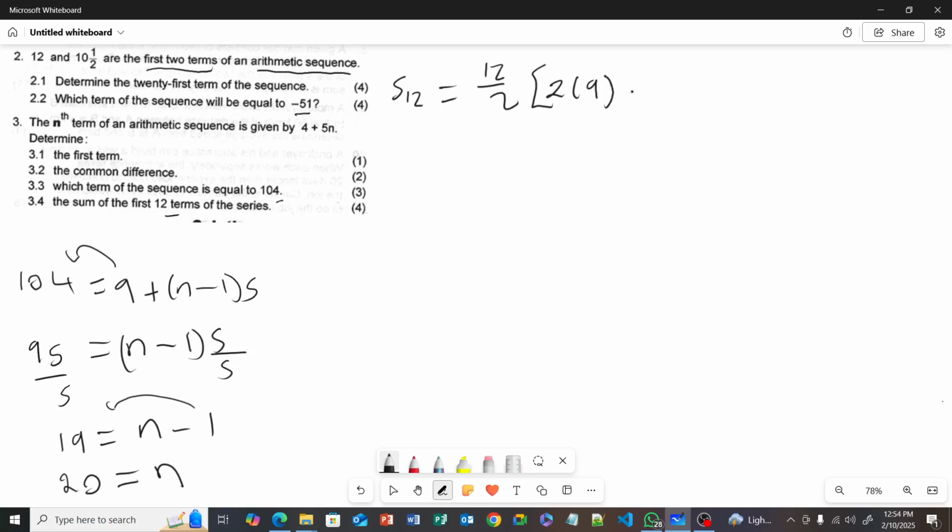Okay, then plus n, which is 12. Alright, plus 12 minus 1 multiplied by the difference. So the difference in this case was 5. Okay, then you press everything on your calculator. So I'll do it manually. So here we have 6, we have 18, 11 times 5, it's plus 55.